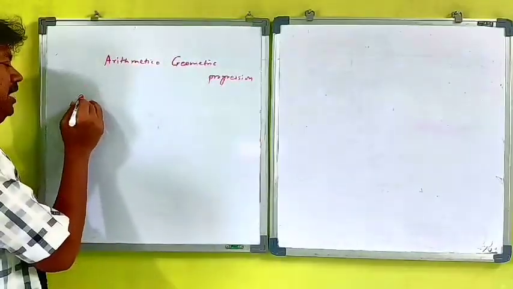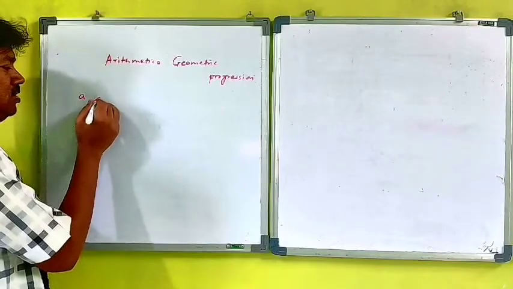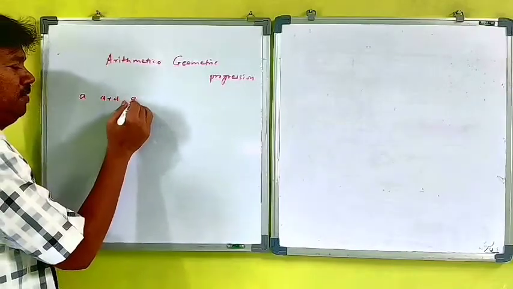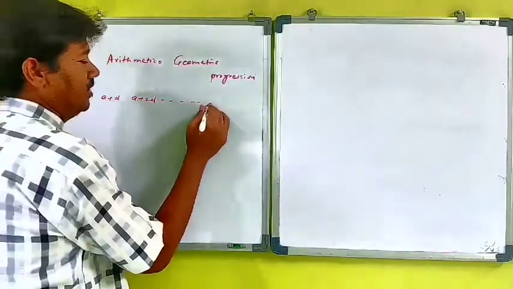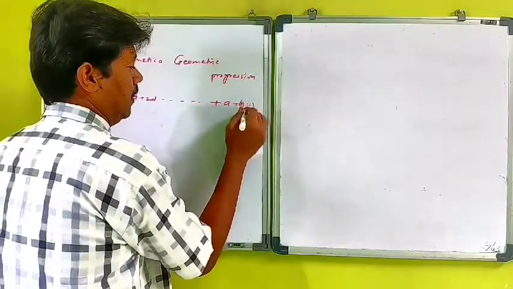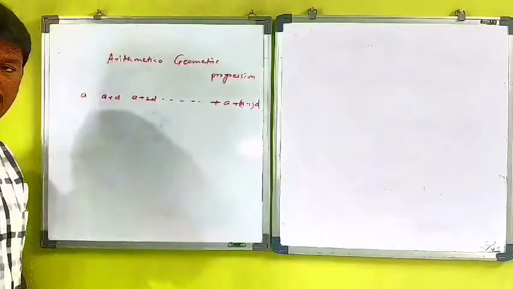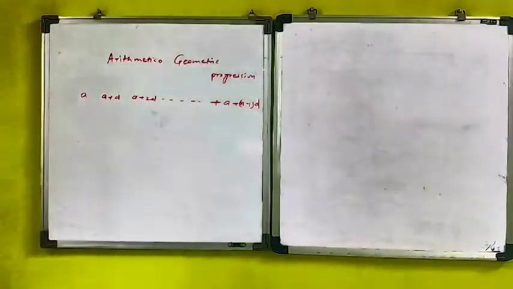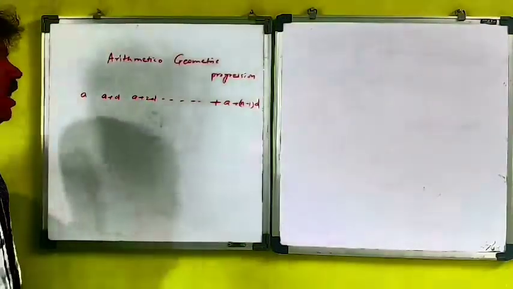Consider an AP, say a. The next terms are a plus d, a plus 2d, like this. The last term is a plus (n minus 1)d. And the common ratio we take as r.